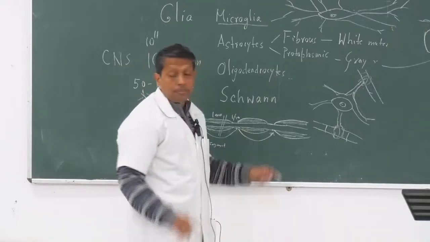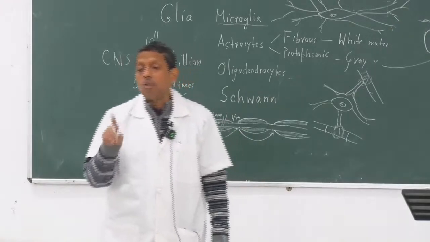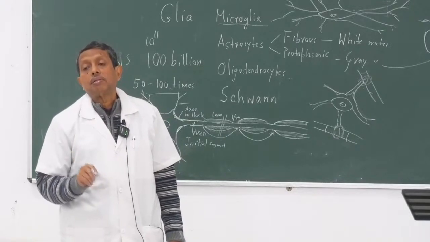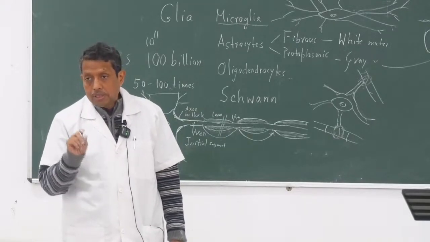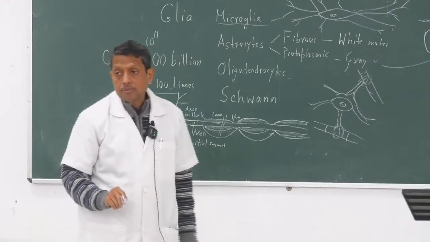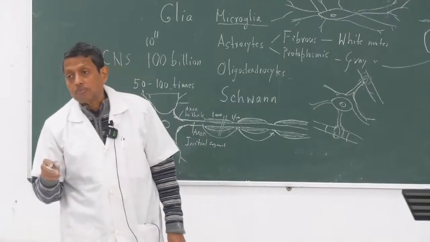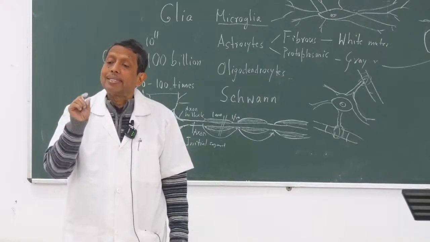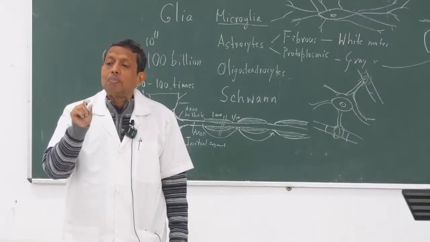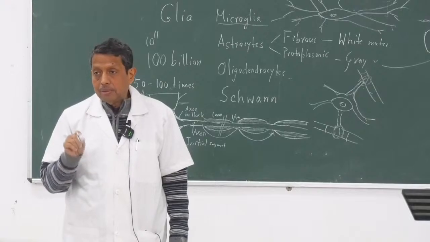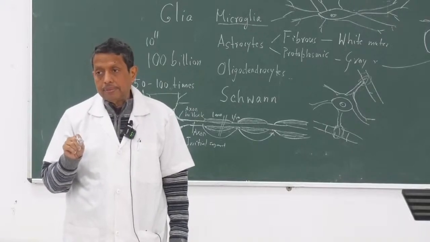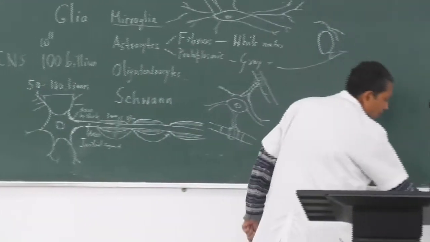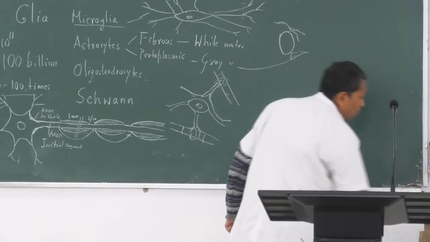And what occurs in the myelination, there is rounding of this cellular process, this process. And the cytoplasm is compacted, and we get compacted plasma membrane. And in that case, the outer part, they come in contact with each other.